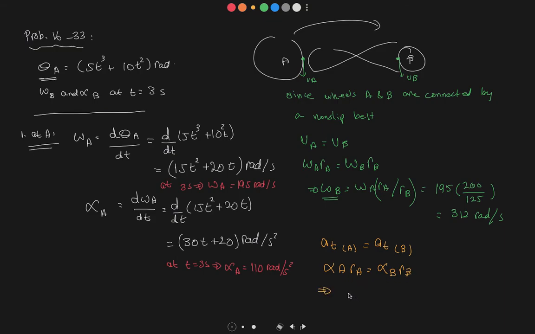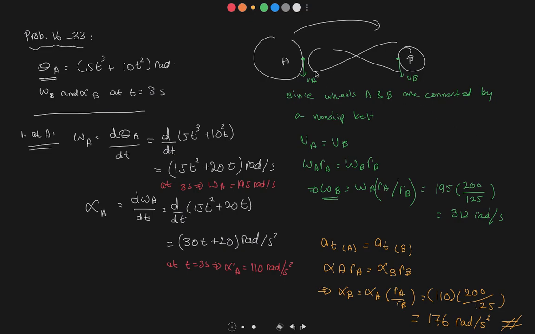We solve for the angular acceleration of pulley B, which equals the angular acceleration of pulley A multiplied by the ratio between the radii, RA over RB. This is 110 multiplied by the same ratio, 200 over 125, and this yields 176 radians per second squared, and we're done. Very simple ideas.